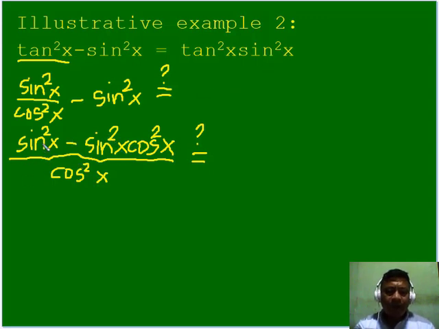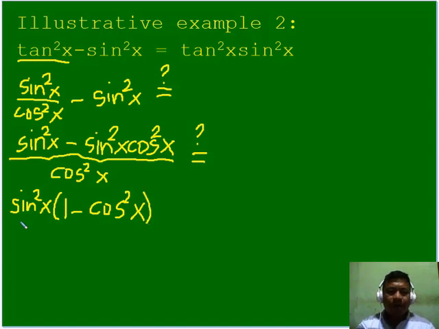Simplifying further, applying factoring, we can factor out sine squared x here. So we're going to write sine squared x multiplied by 1 minus cosine squared x, applying factoring of a common monomial term, all over cosine squared x.